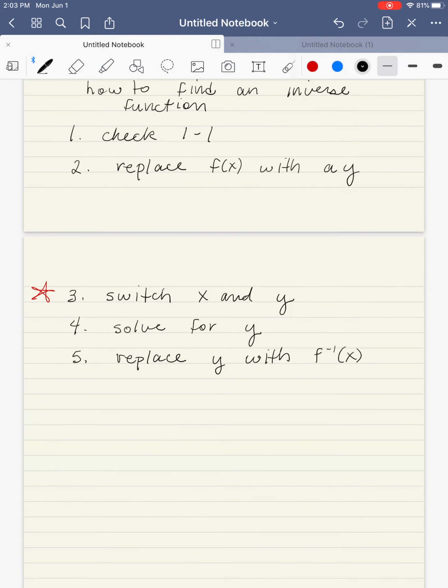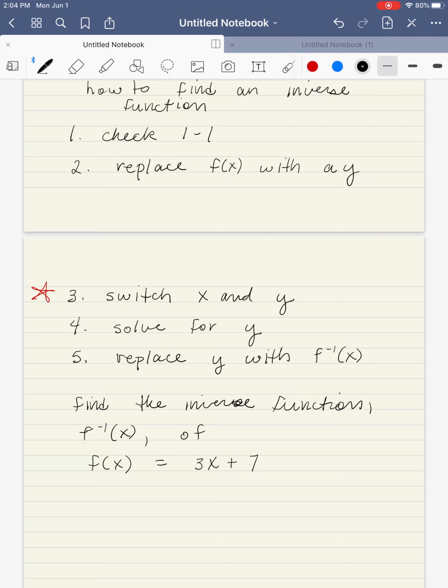Let's do an example. Let's say that we have the function, find the inverse function f inverse of x of the function f of x equals 3x plus 7. Now my first step is that I have to make sure it's one-to-one.